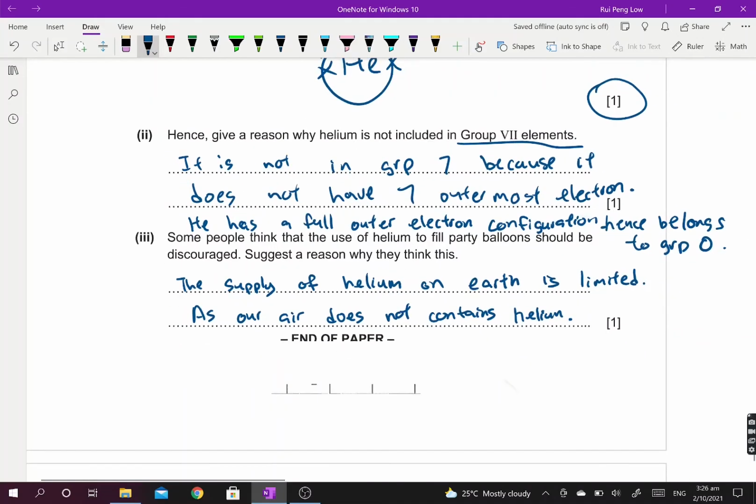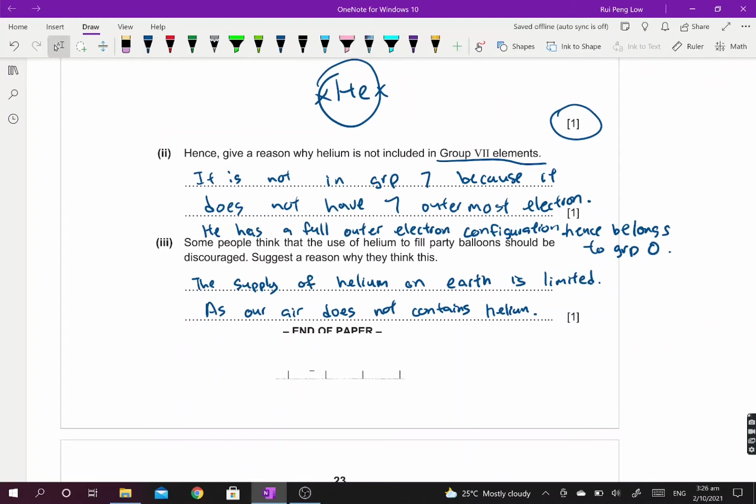Okay, so the fact is our air doesn't only have nitrogen, oxygen, and carbon dioxide, and a little bit of argon, etc. But it doesn't contain hydrogen. It doesn't contain helium. So some of you must be thinking, then in that case, how do we get helium?